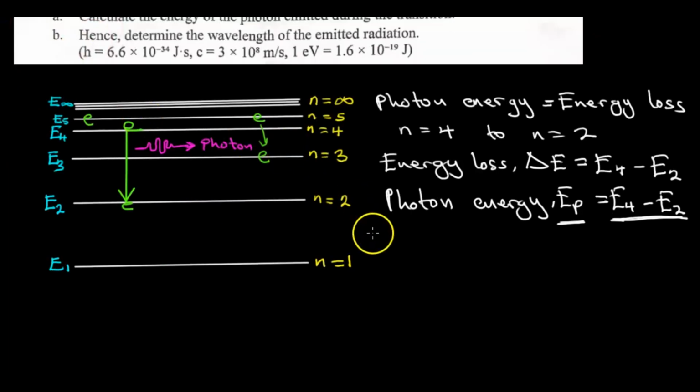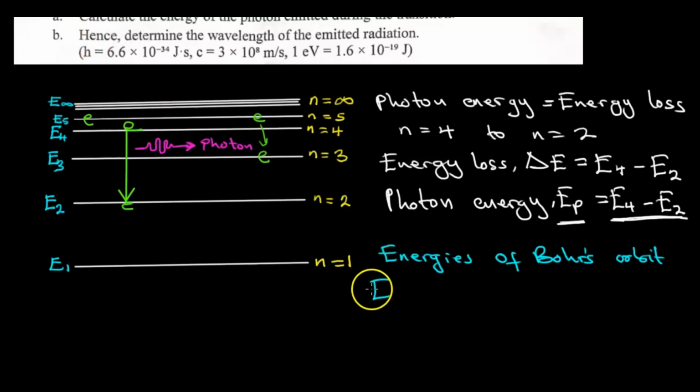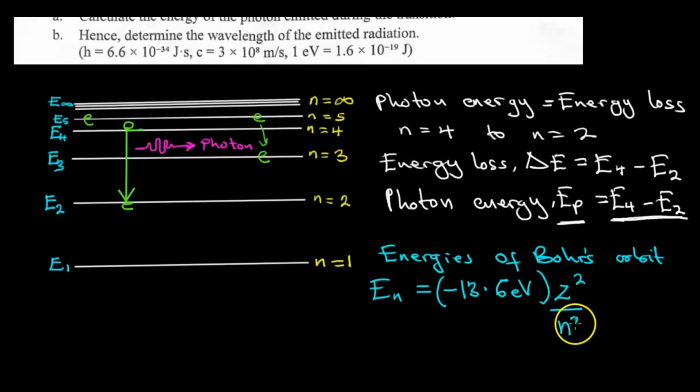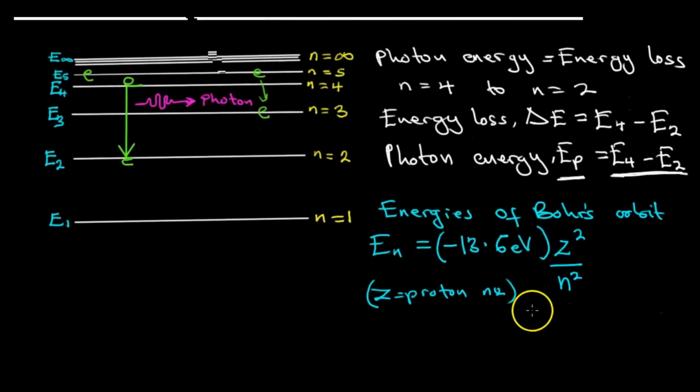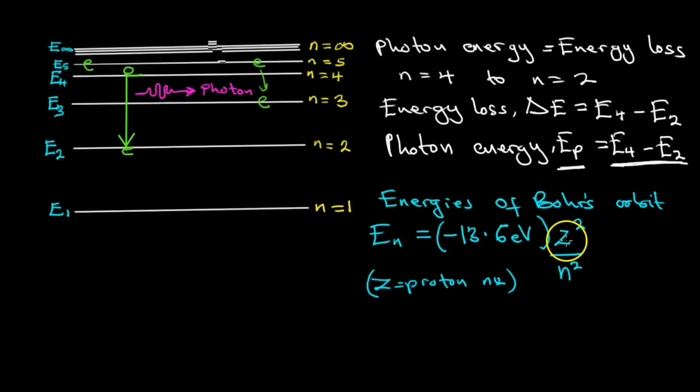According to Bohr's theory, the energy of the orbit En is given by negative 13.6 electron volts, all multiplied by Z squared divided by n squared, where Z is the proton number. The question mentioned hydrogen. What is the proton number for hydrogen? Proton number for hydrogen is 1. If you substitute 1 here, 1 squared gives us 1.